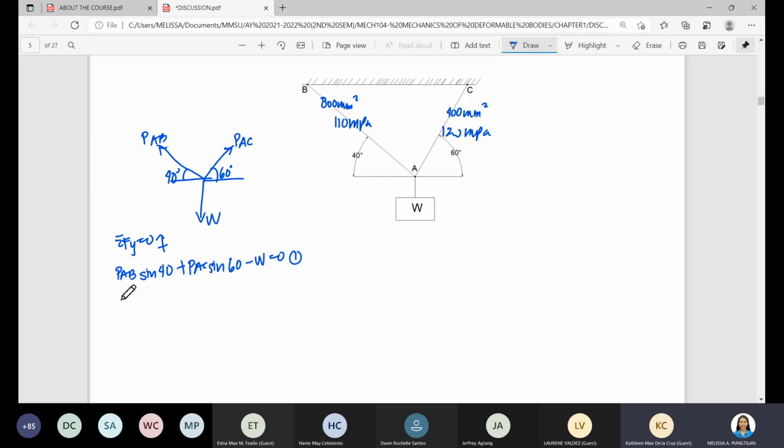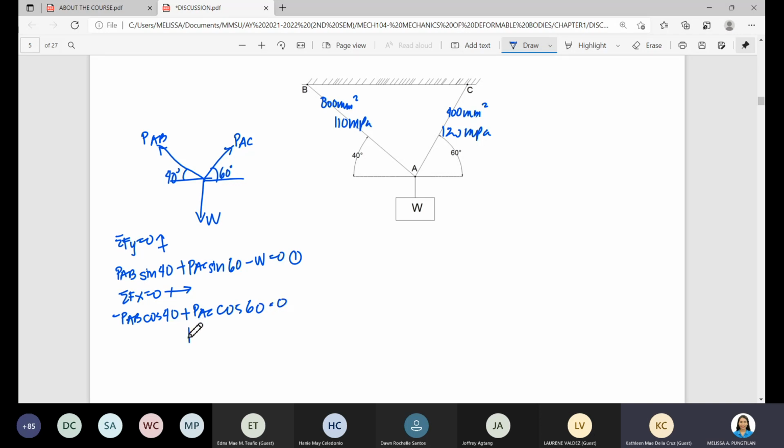And then, take the summation of forces along x direction is equal to 0, to the right as positive. Meron tayong negative PAB cosine of 40, plus PAC cosine of 60 is equal to 0.